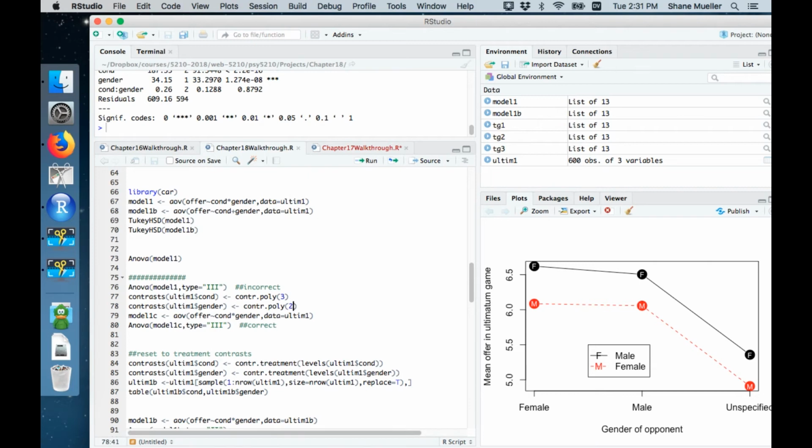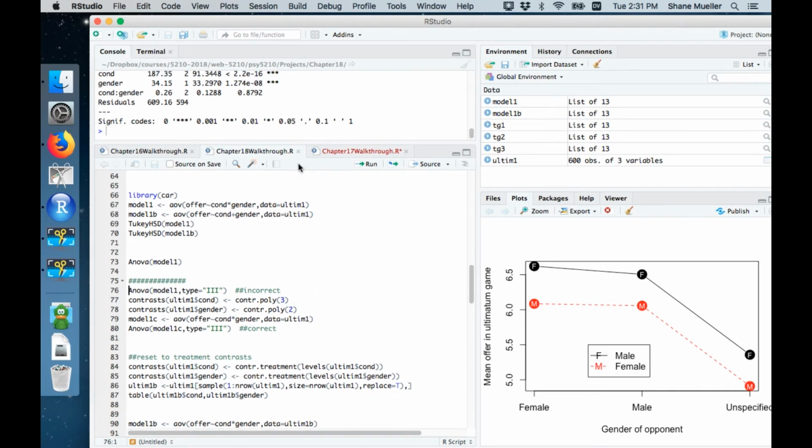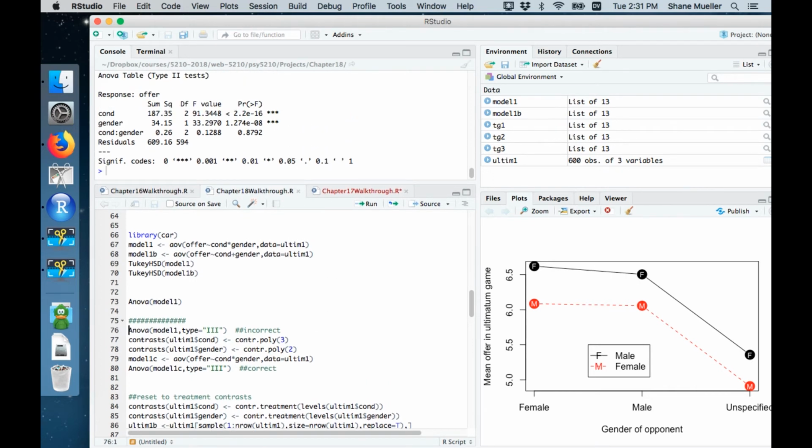But let's say that, okay, so I guess I could just redefine model 1 and model 2. And let's say I wanted to look at model 1, which has this interaction, as a type 3 ANOVA instead of a type 2. Here's what I was saying before. This is wrong.